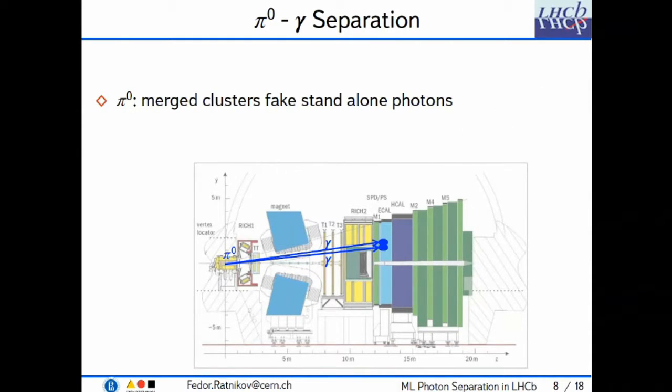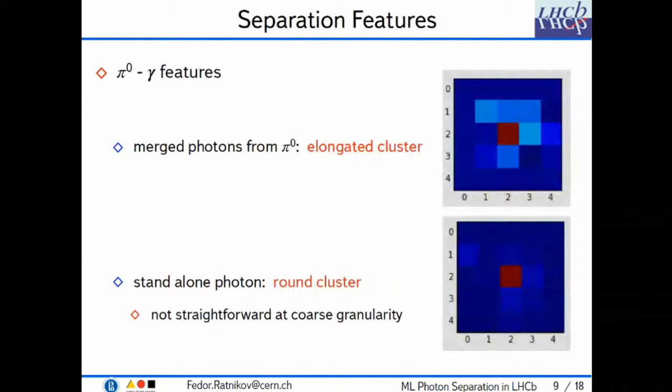However, there is a situation when, either because the pi zero has high energy or it decays asymmetrically, the 2 photons are essentially merged into the same cluster. And this is essentially our enemy. This is the signal which we want to fight, and we need to separate it from the cluster produced by regular photons.